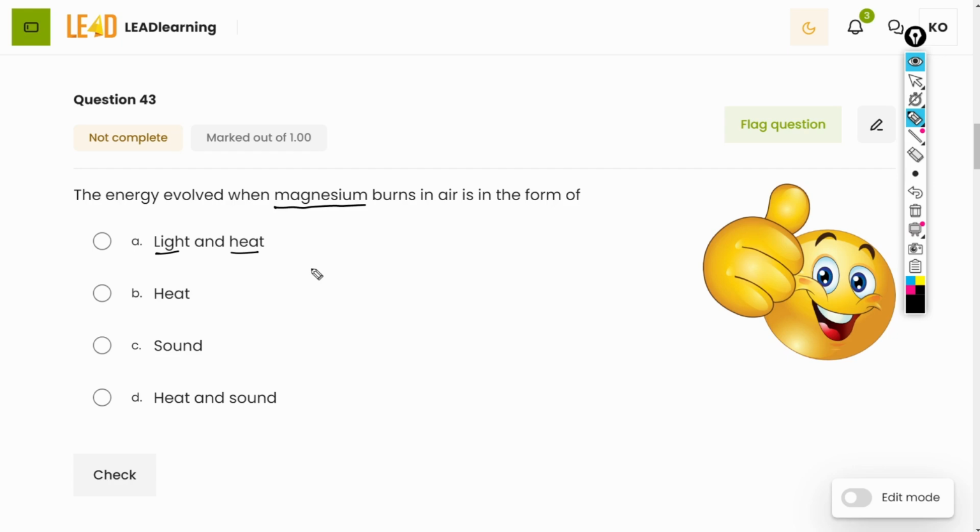Different metals produce characteristic colors. There is an experiment called the flame test, where metals passed through a flame produce characteristic colors. So that explains the light. As well, heat is produced when electrons jump from one energy level to another. So our correct answer is A.